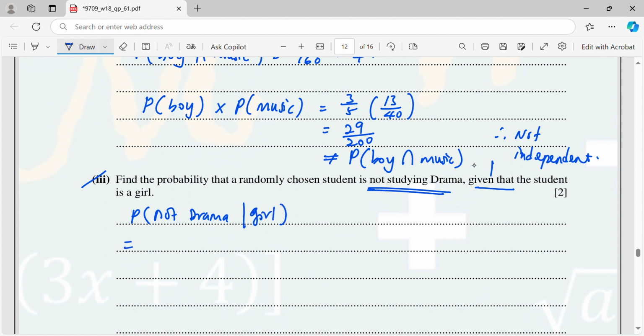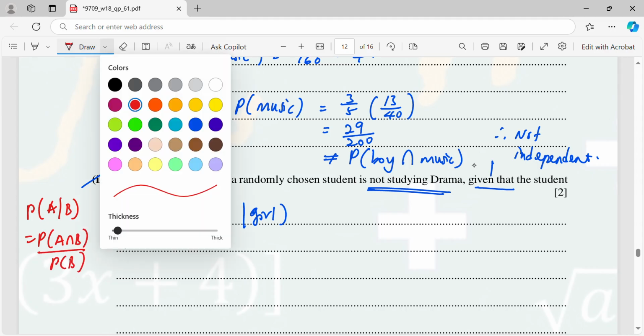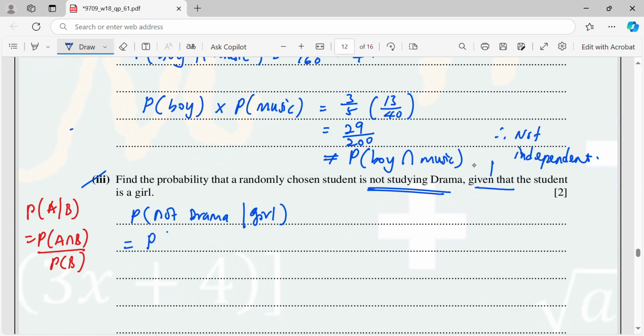The conditional probability formula is P(A|B) equals P(A intersect B) over P(B). So this is defined as P(not drama and a girl) over P(a girl).